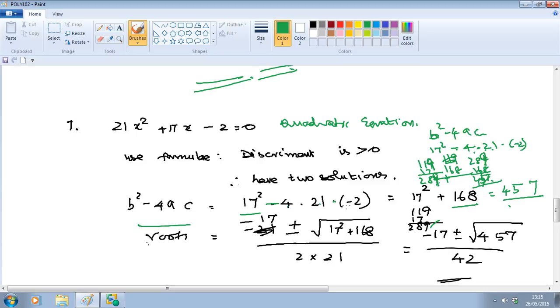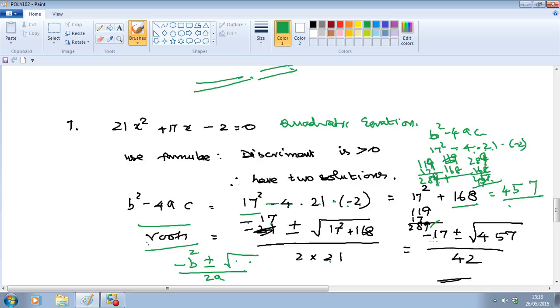So, what are the roots? There are two roots. Using the root equation formula, minus b plus or minus the square root of b square minus 4ac, divided by 2a. 2a is 42, and the root of this factor is 457.